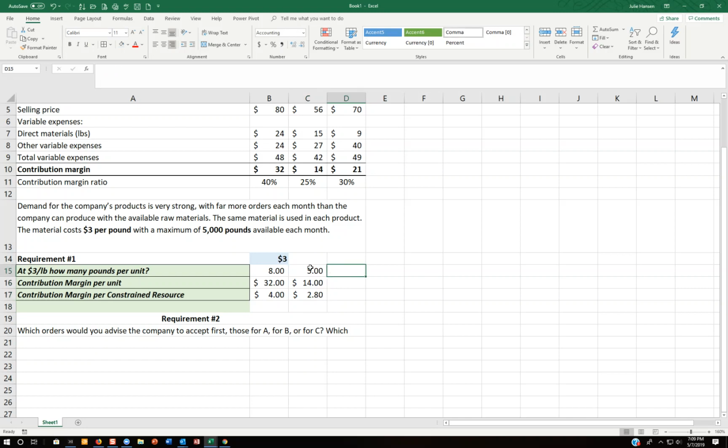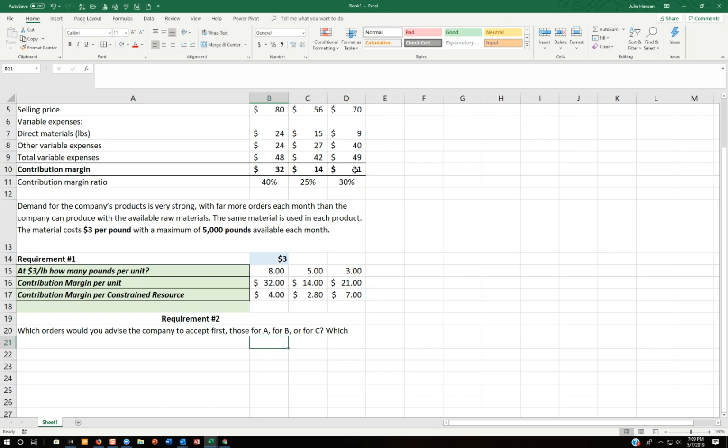All right, one more. Let's say that I used $9, and I'm going to divide that by 3, so I used 3 pounds. My contribution margin is $21, so I take my contribution margin, divide it by my constrained resource, and I come up with $7.